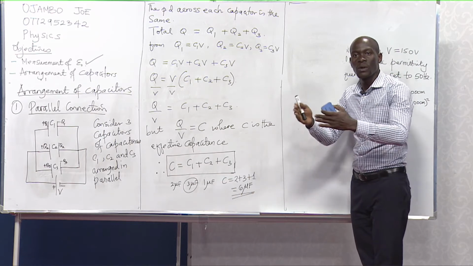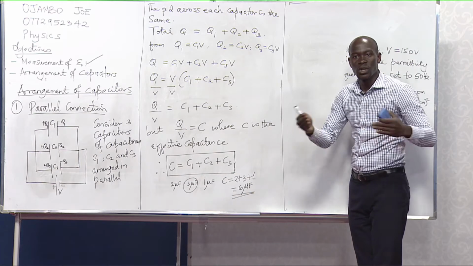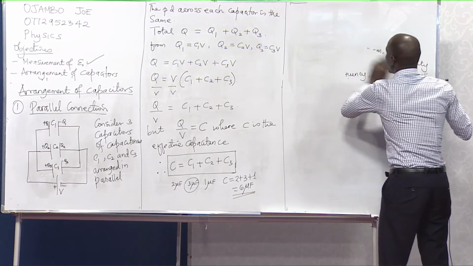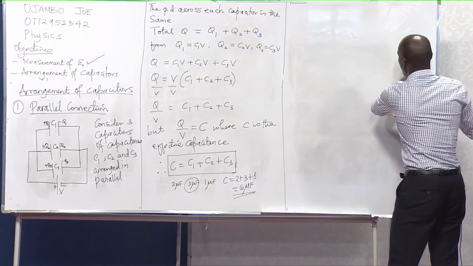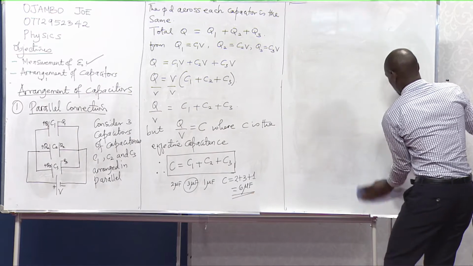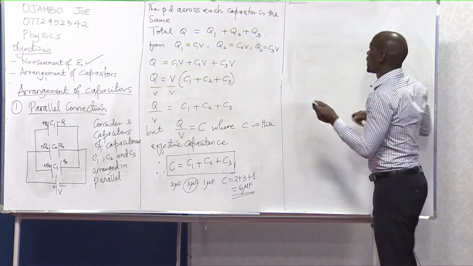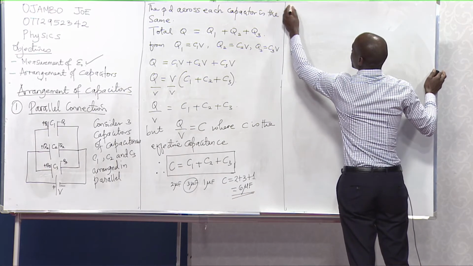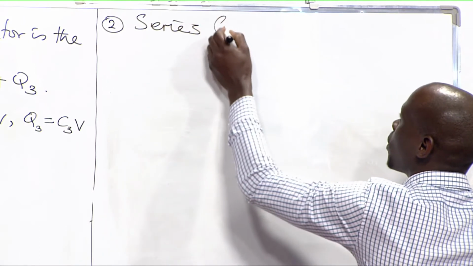When you see the train wagons, each wagon is connected to the other consecutively, and that is what we mean by the series connection. So the second one, we shall call this the series connection.